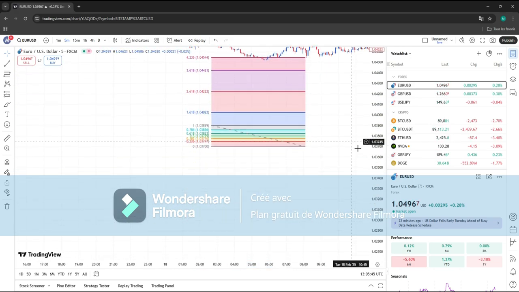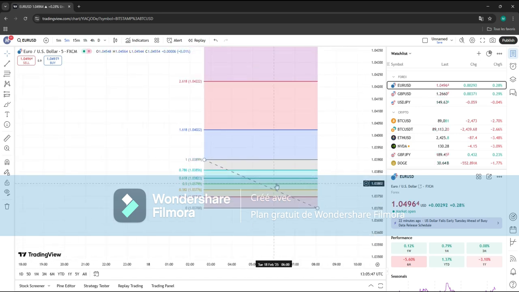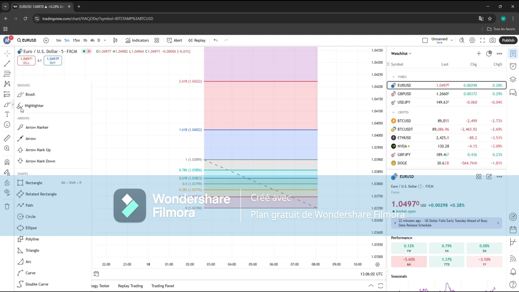These numbers are the 0.786 and the 0.618, and this is the golden zone. We call it the golden zone like this.